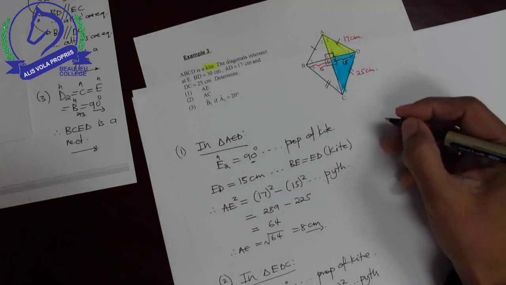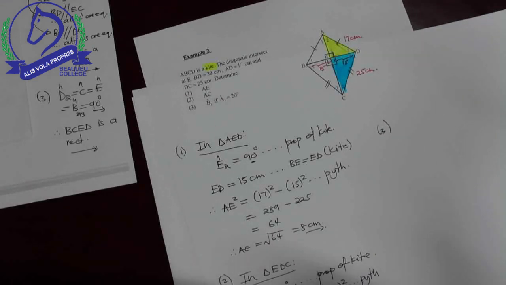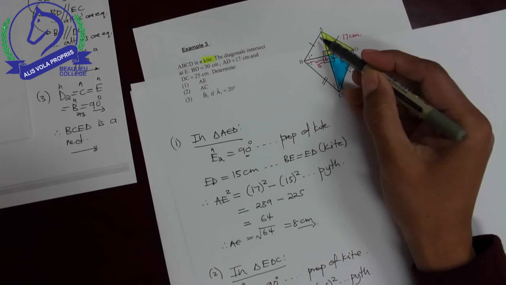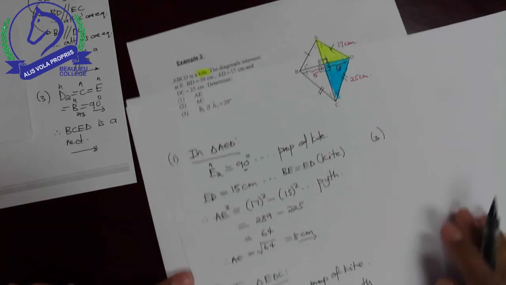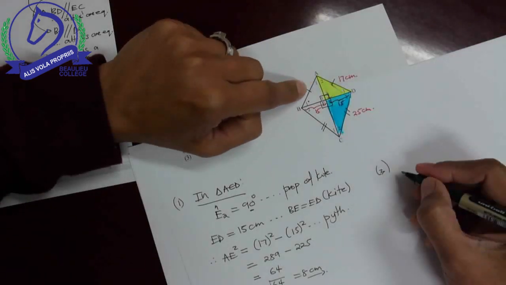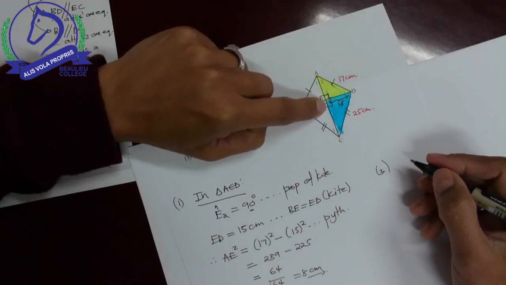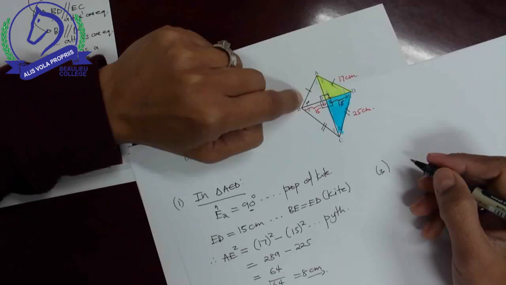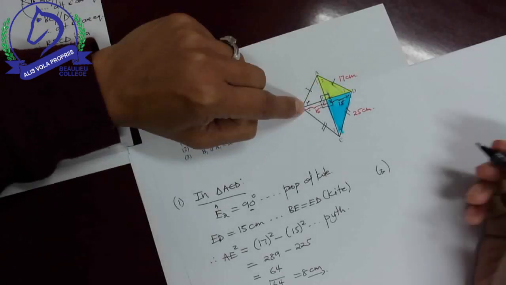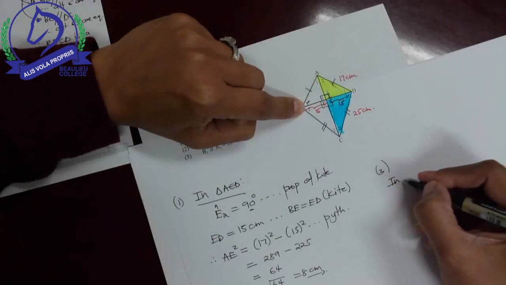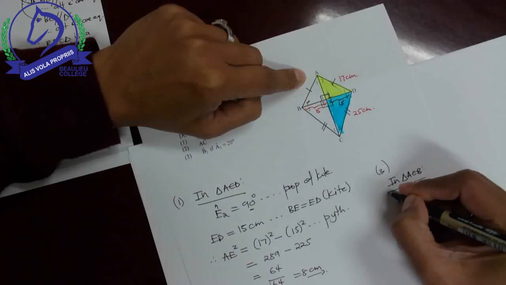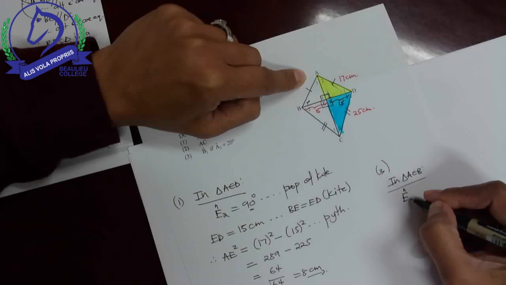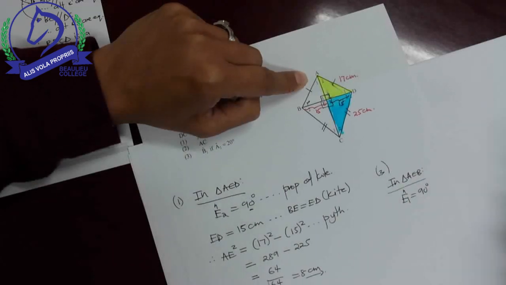And one more is question 3. Calculate B1 here if A1 is 20. Now, B1 is part of triangle AEB. You've got E1, you've got A1, so you can work out B1. So again, in triangle AEB, E1 is equal to 90.